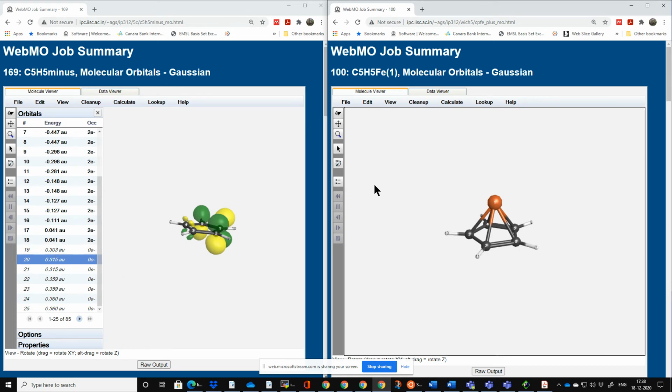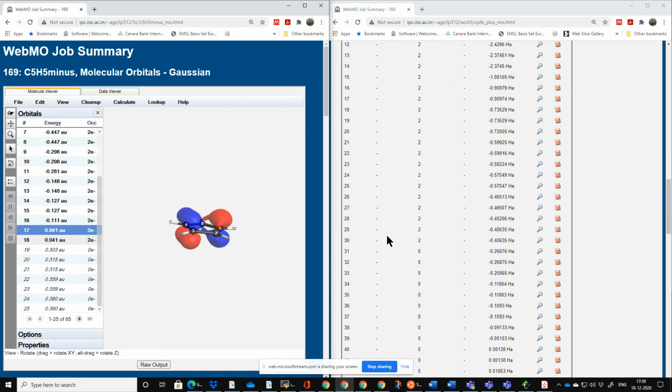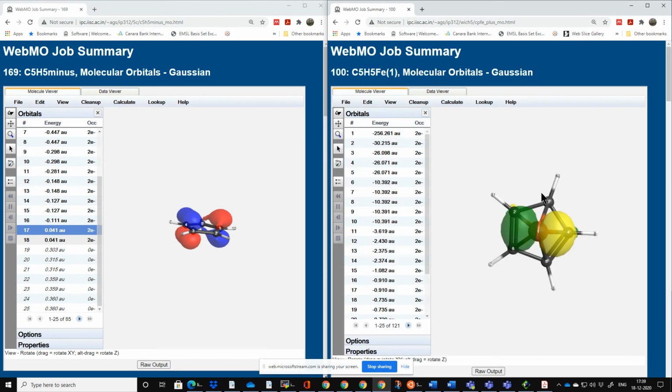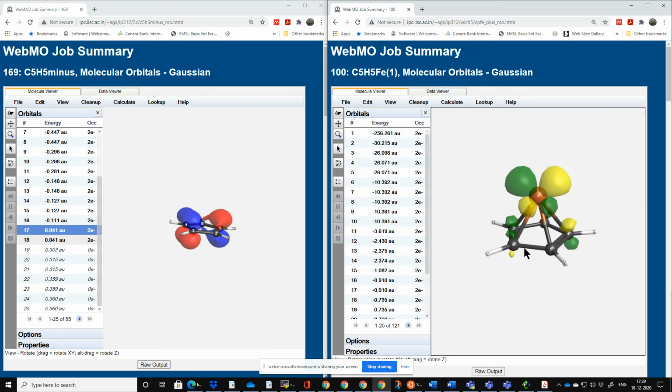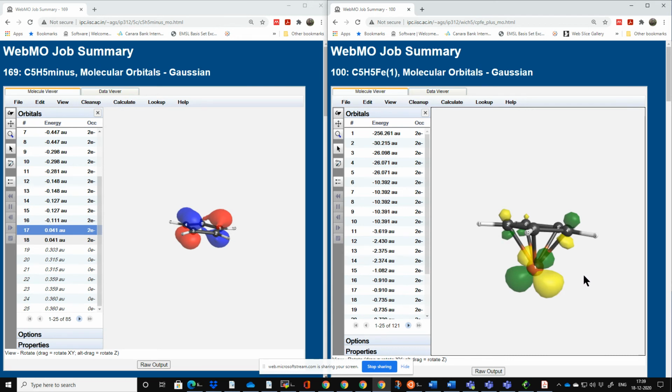Let's take a look at the lowest unoccupied molecular orbitals on the FeCp plus. So then I have to go to molecular orbital number 31. Let me orient it in this fashion.